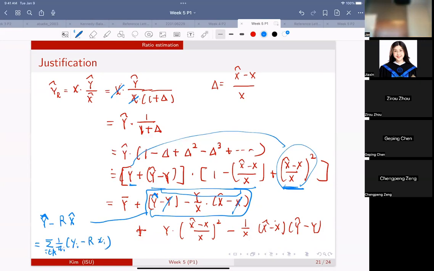So you can write it as a kind of Horvitz-Thompson estimator over the residual, I mean, the residual over the ratio prediction. So then we can call this ei. Then if you call this ei, this is nothing but a Horvitz-Thompson estimator of the total of ei.